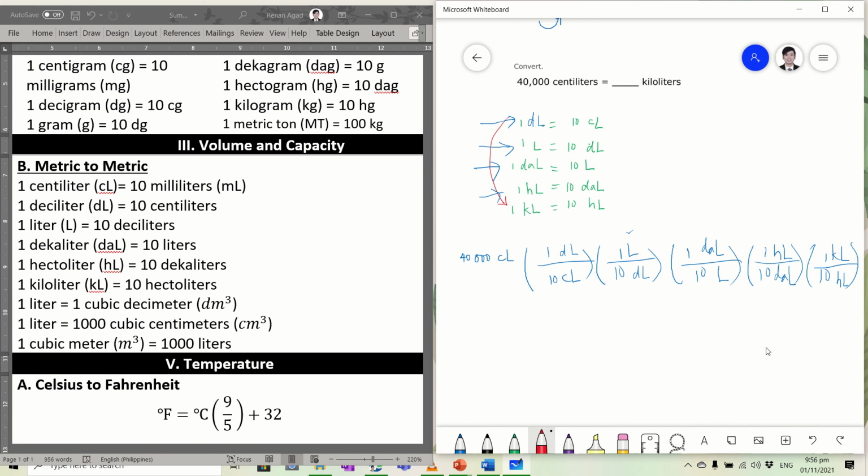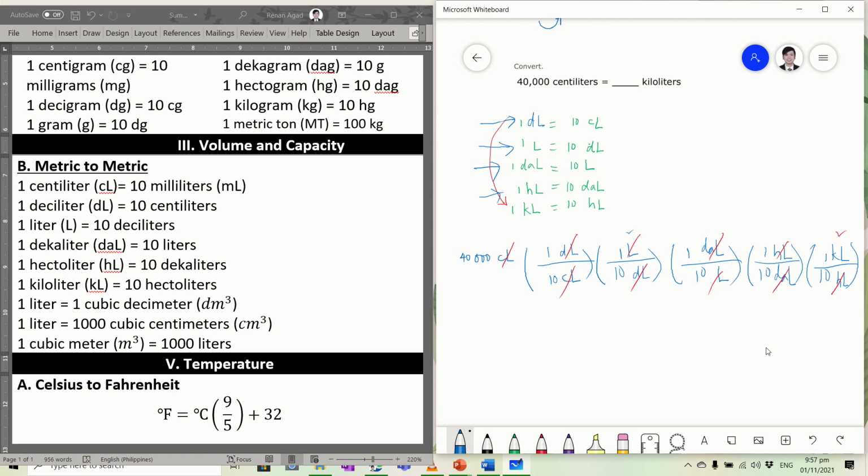Now we cancel out the commonality between our numerators and denominators. So the DL, DL, L, L, DAL, DAL, HL, HL cancel. So what will be left is just the kiloliter, and that's our goal.